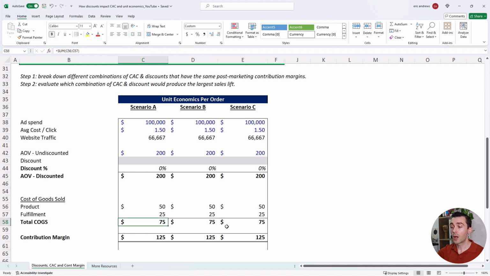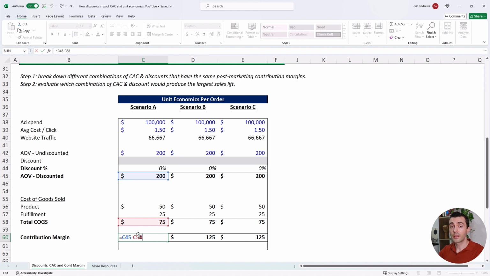So COGS are $75 in every scenario. So with no discounts and this exact same marketing budget for each one, you can see that we make $125 of contribution margin. That is your AOV minus your COGS. So that's your gross profit, and we call that contribution margin in e-commerce.